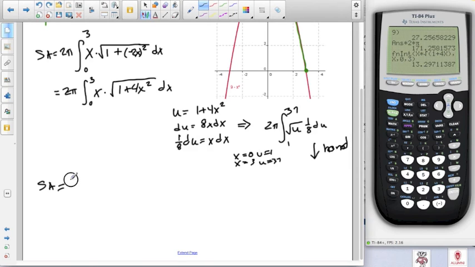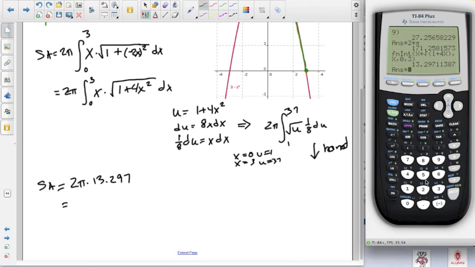So this is 2 pi times 13.297, and if we multiply by 2 pi, we get 83.54, which is wrong.